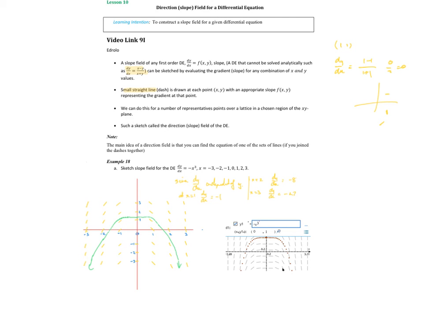At say x equal to 3, I get a gradient of negative 27, which is really close to a vertical line. So my line's getting steeper. All right. So the slope field you can see there, if I just take off all the dashes that I've done, okay, so there's my slope field. Now, what is a possible solution? Well, typically we just pick a point if we haven't been given a point.